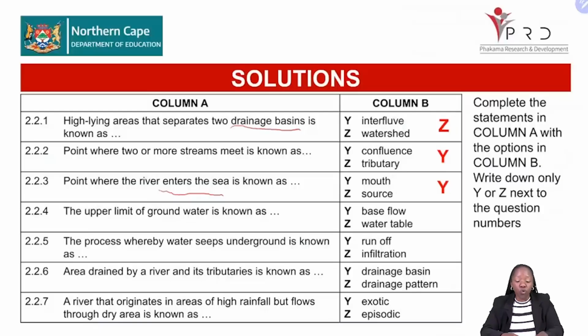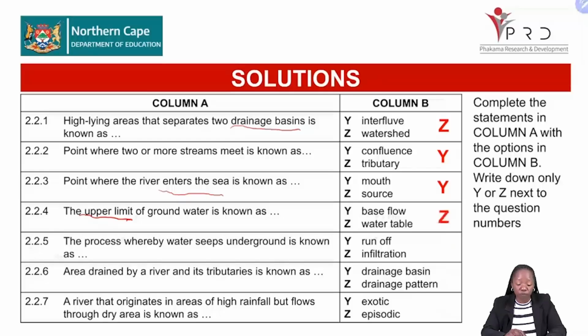Then 2.2.4, the upper limit of groundwater is known as your water table, because we are looking at where the groundwater is limited to, or the amount. So it's the water table.